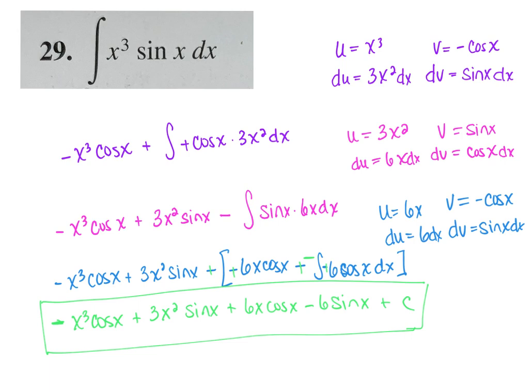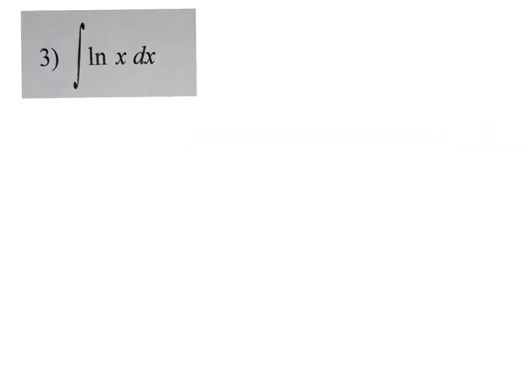This one, you obviously want your u to be the ln of x because we can't take the antiderivative of ln of x. That's the whole problem here. So my du is going to be 1 over x dx, which means my dv is just the dx, and my v is just x.